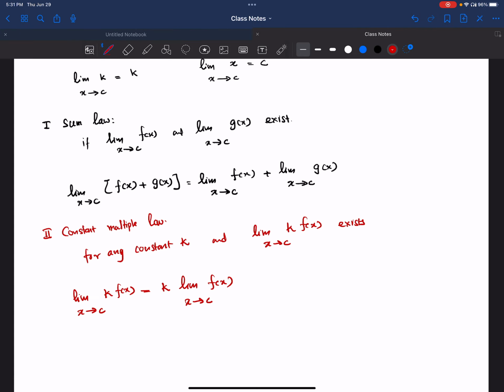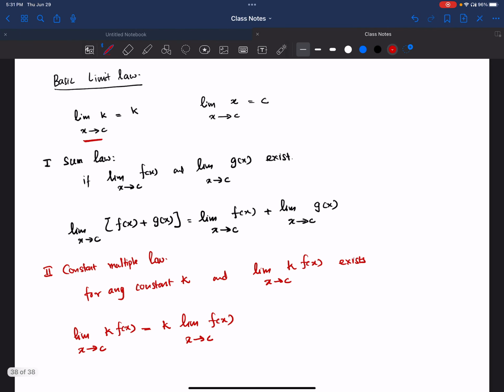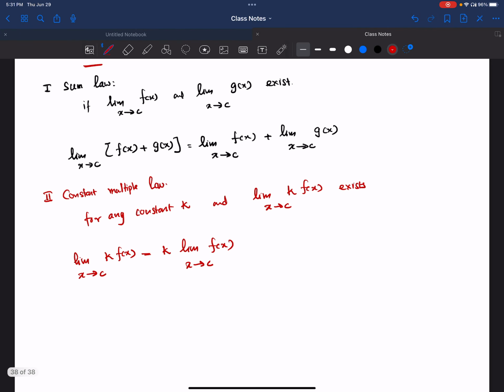Now this actually comes from the next law, and you can use the next one that you learn to get that.